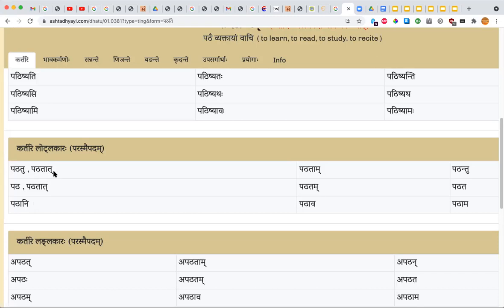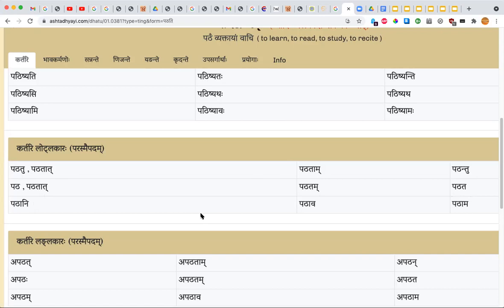Here, look: Prathama Purushe Patatu, Patatam, Patantu. Madhyama Purushe, Pata, Patatam, Patata. As pointed out, for Lang Lakara it will be Apatatam, Apatata.